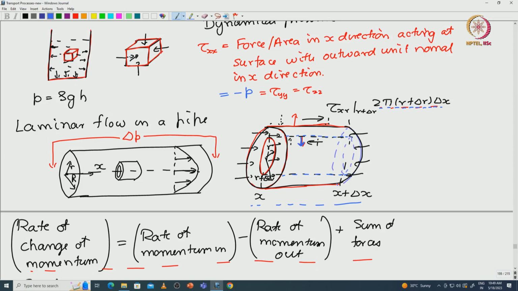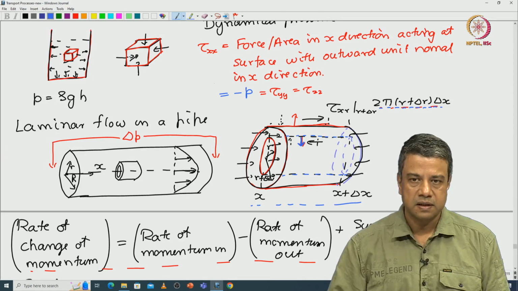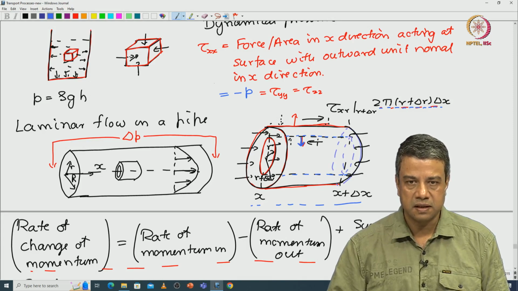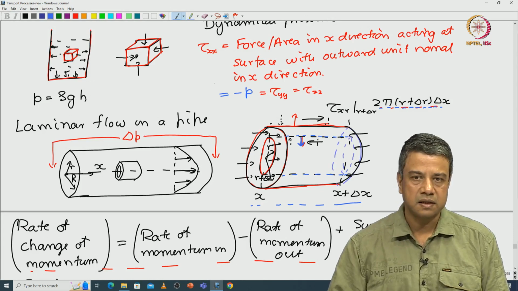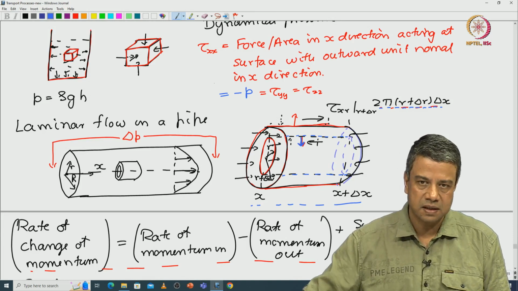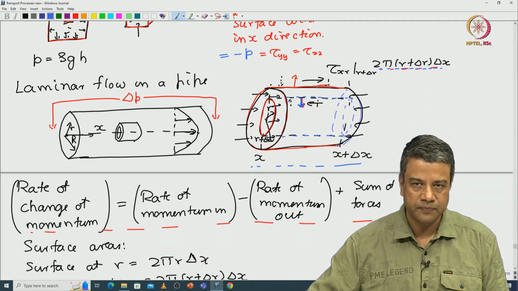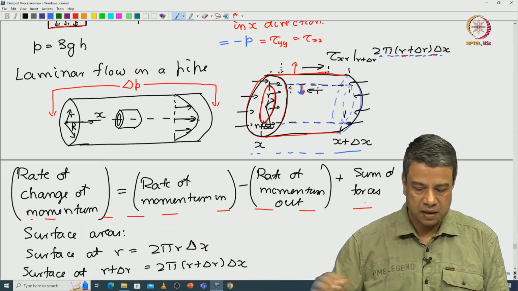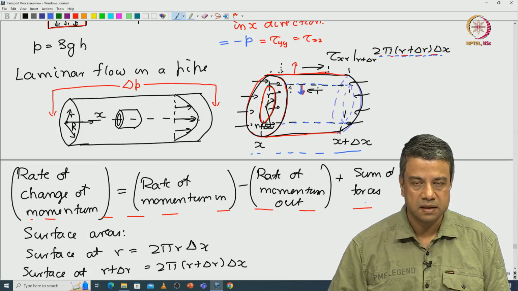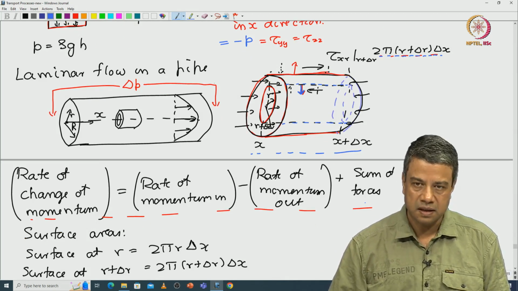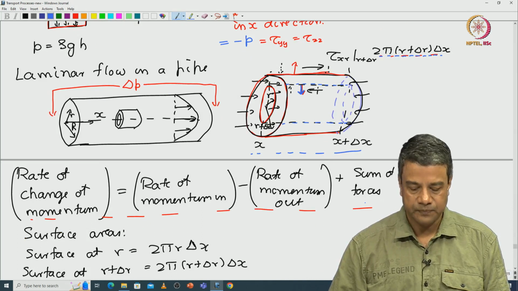So, the balance was for the x momentum along the axis. Forces on the surface of this cylindrical shell in the x direction are due to the shear stress at r and r plus delta r and due to the pressure at x and x plus delta x. The pressure is varying in the x direction at steady state.